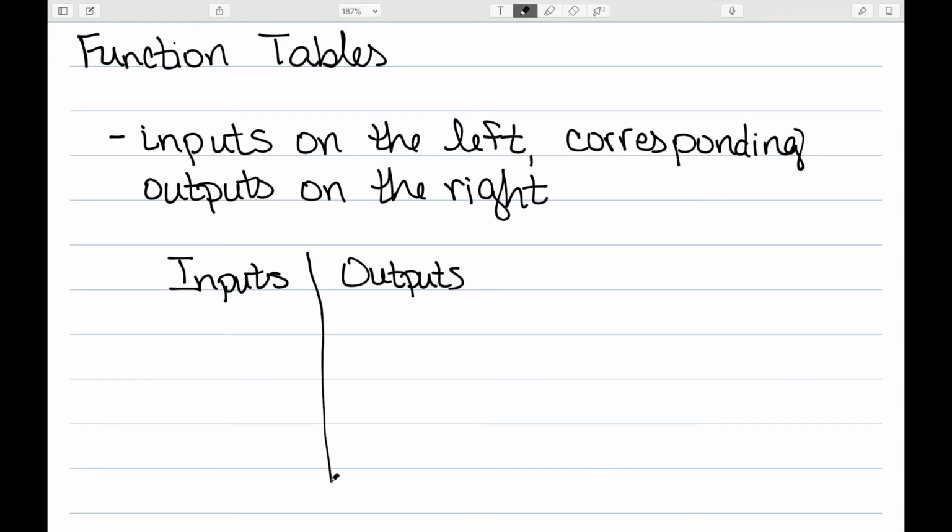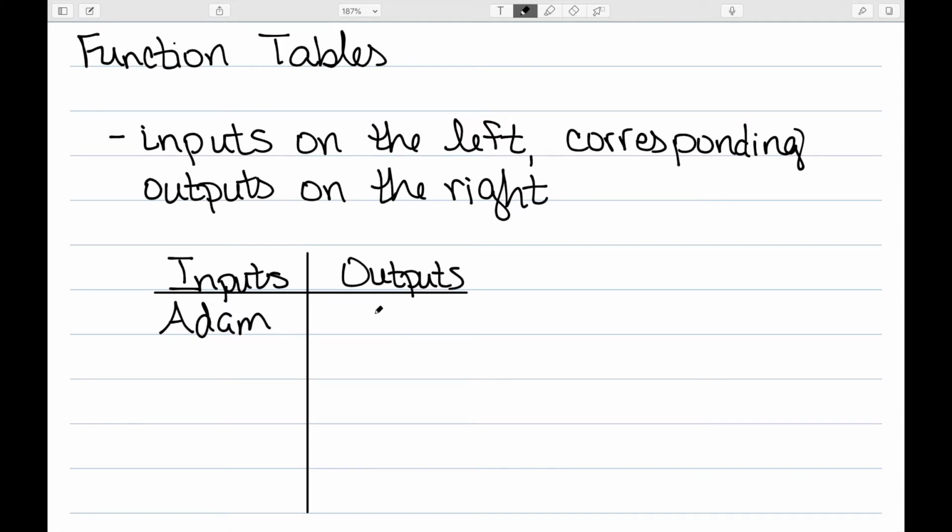We can put a line through the middle. And then we just go ahead and list some inputs and their corresponding outputs. In the last video, I gave an example of a function where we input a person and output their height. So maybe we input Adam, and Adam is 164 centimeters.